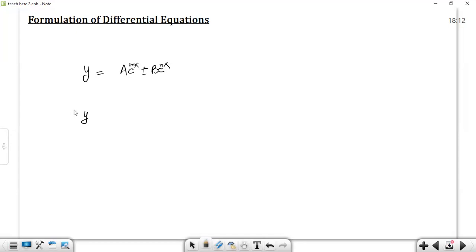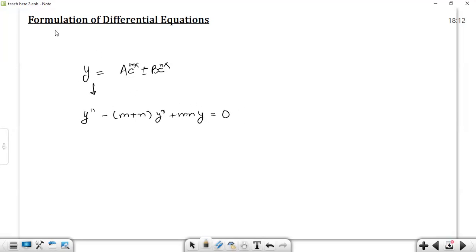So its differential equation will be represented in this manner: y double dash minus (m plus n) y dash plus mn y equals to 0. So this is the differential equation for these kinds of functions.